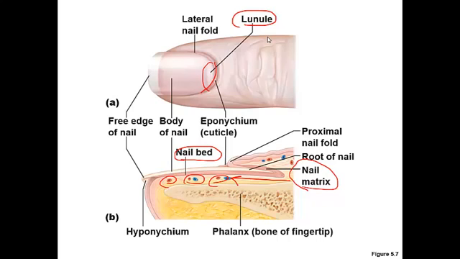And the proximal and the lateral borders of the nail are overlapped by skin folds. And you can see the skin fold shown here. There's a lateral nail fold that's shown here. And the proximal nail fold itself is called the cuticle or the eponychium.